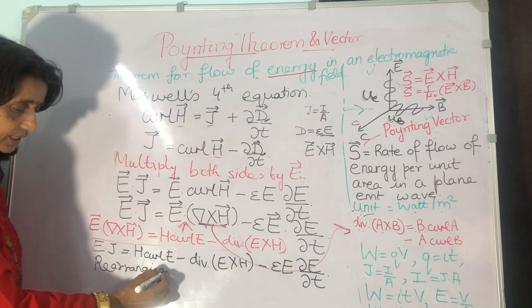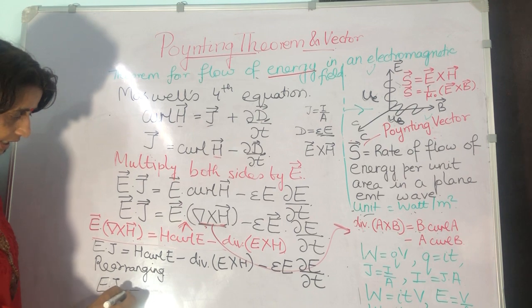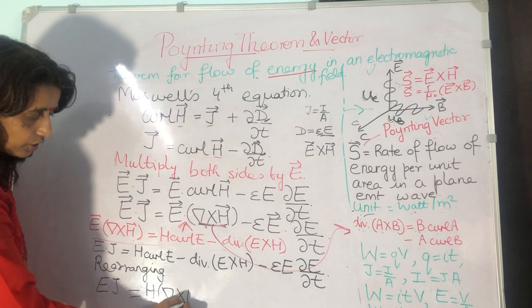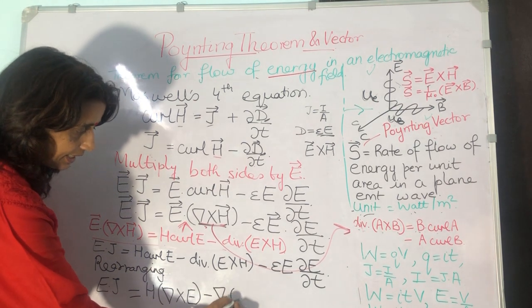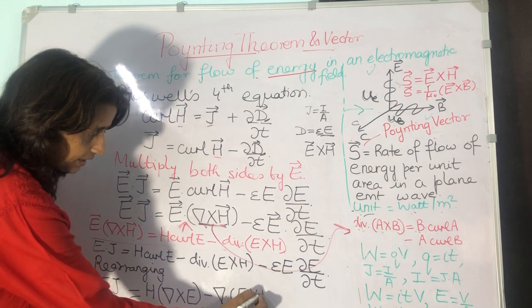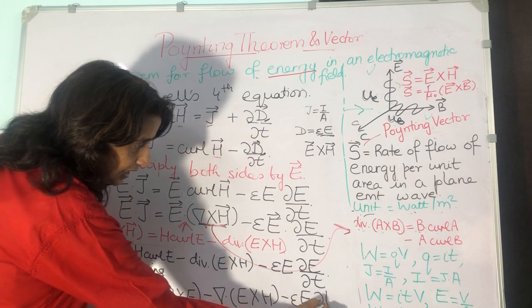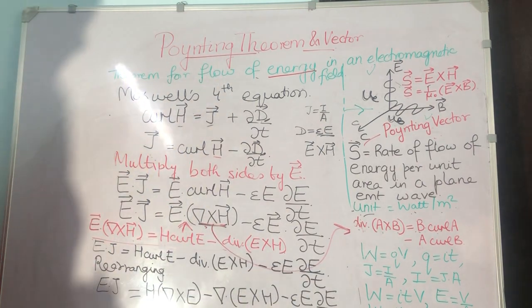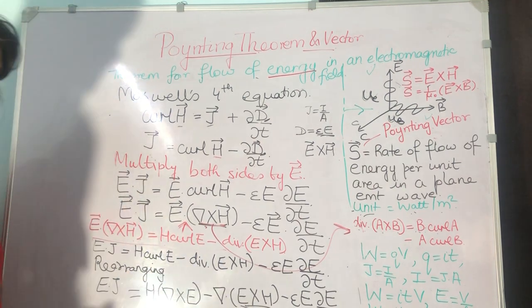Rearranging the terms, we get E dot J is equal to H dot (del cross E) minus del dot (E cross H) minus epsilon E del E by del T. Right? Now, if we look at this expression, we are near our target for E cross H.